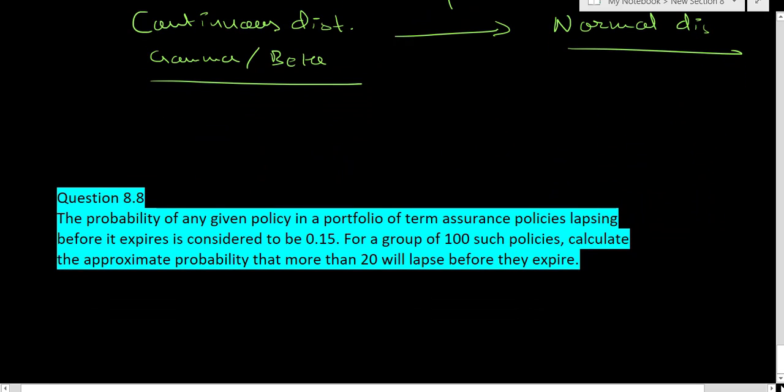Now I'm going to discuss one last example question here. This is question number 8.8 of the core reading. So we are going to solve this, and then that would be all for this video. The question says that the probability of any given policy in a portfolio of term assurance policies lapsing before it expires is considered to be 0.15.